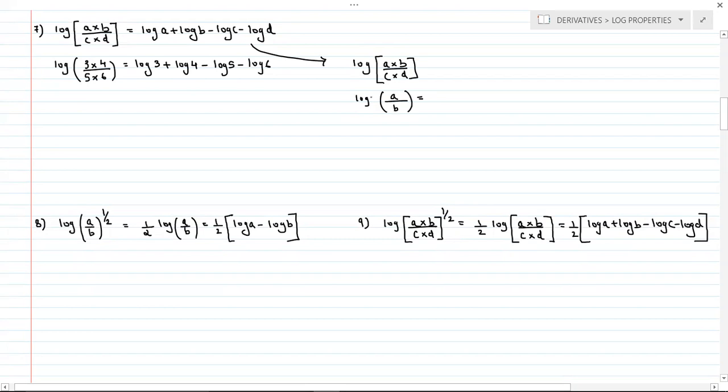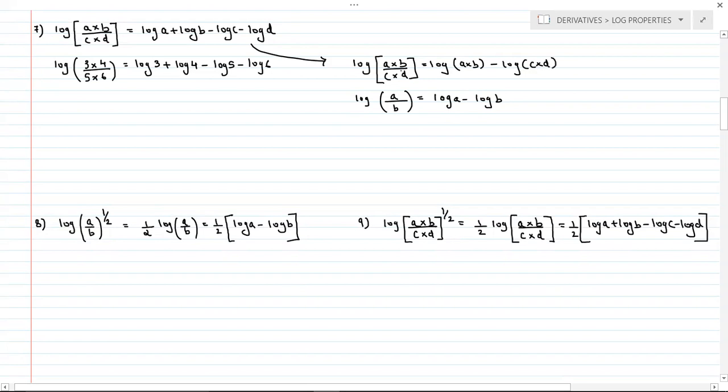Suppose I replace a into b as a and c into d as b. Clearly we can see that this looks like the division property. In division, we know that it can be written as log a minus log b. Just now we saw division gets converted into subtraction. So according to the process, this can be written as log of a into b minus log of c into d.